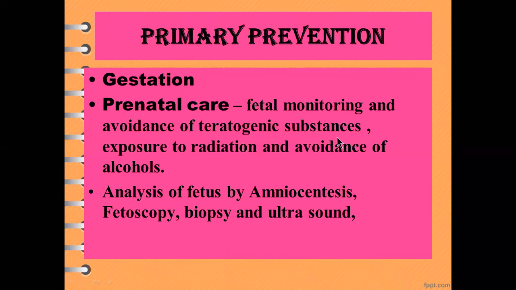Avoidance of teratogenic substances. Teratogenic substances matlab taking harmful medication during the time of pregnancy. Radiation exposure must be avoided. Alcohol usage must be avoided. And fetal analysis by amniocentesis, fetoscopy, biopsy, ultrasound can be used to identify the problem at earlier stages.